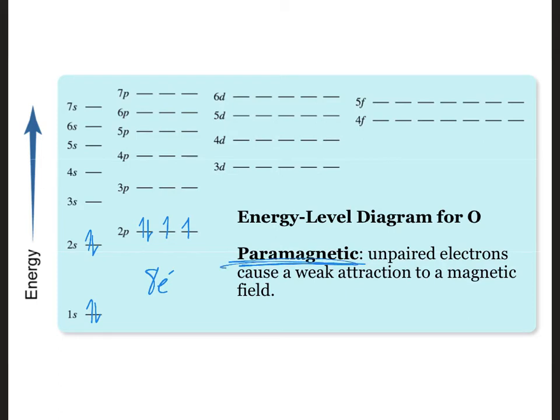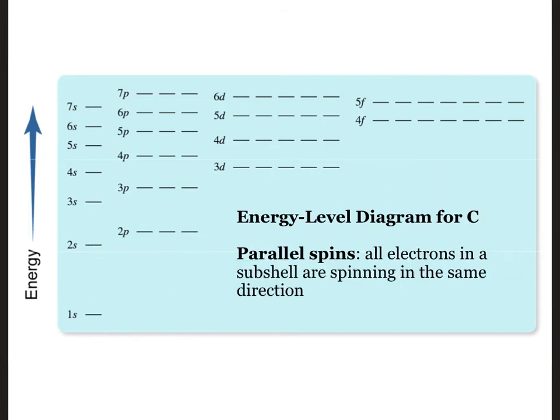This attraction happens because paramagnetic materials contain unpaired electrons that align with an external magnetic field, creating a weak attraction. I emphasize the para and unpaired because it would be all too easy to think para and paired electrons go together. They do not. As we can see from our energy level diagram work here, oxygen is paramagnetic.